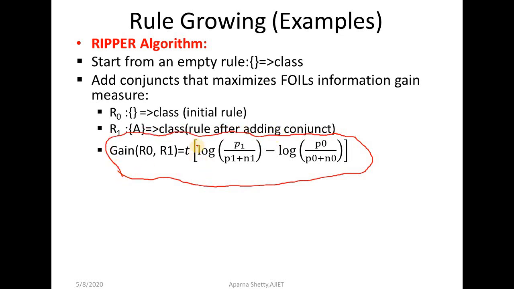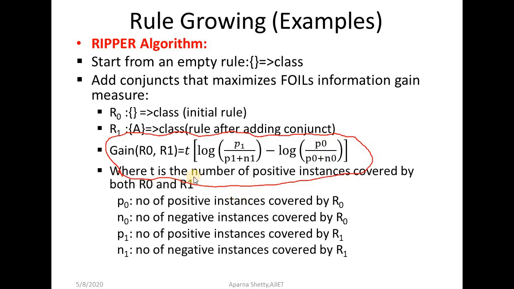Using this formula, T into log of P1 divided by P1 plus N1 minus log of P0 divided by P0 plus N0, where T is the number of positive instances covered by both R0 and R1.